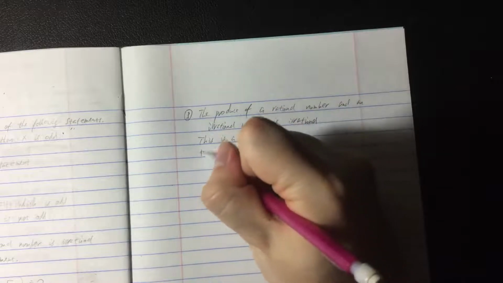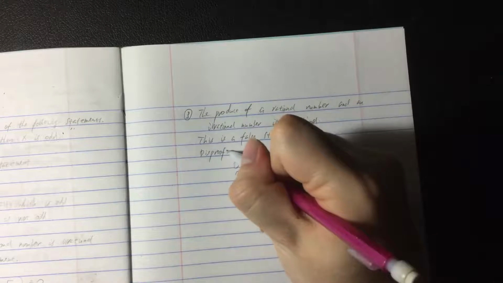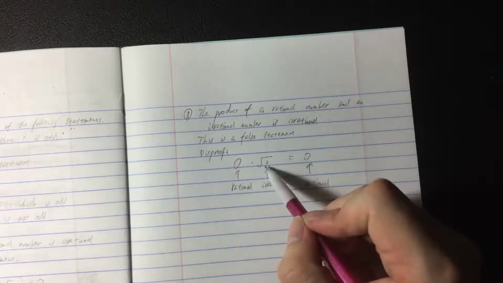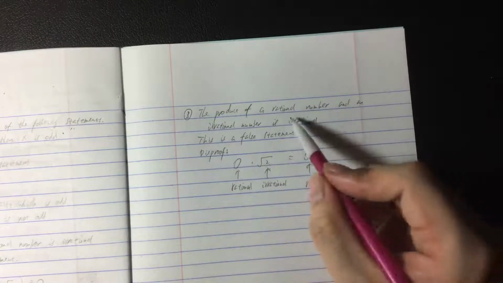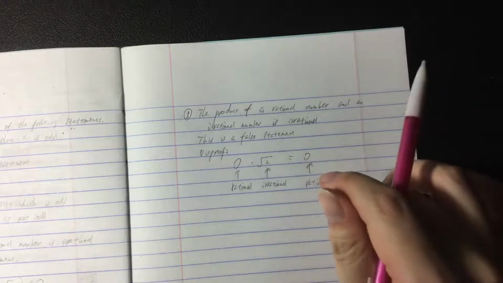To disprove it, we use the example. 0 is rational, square root of 2 is irrational. Rational times irrational is rational. That's a counterexample to this statement.